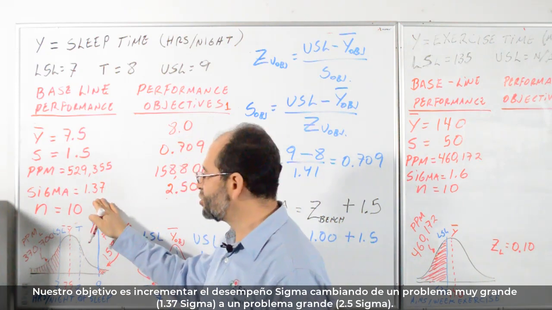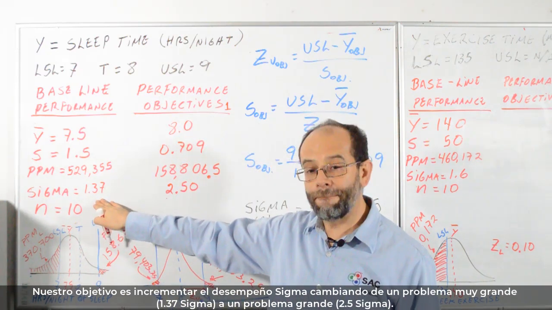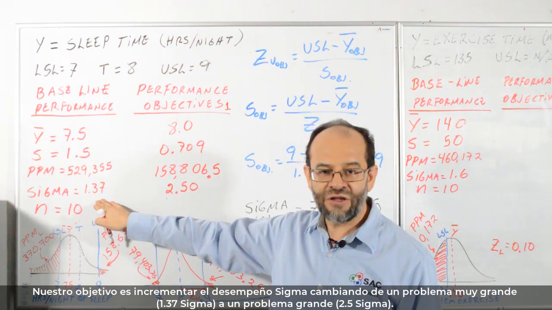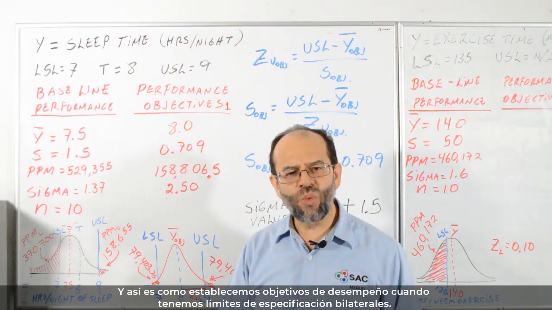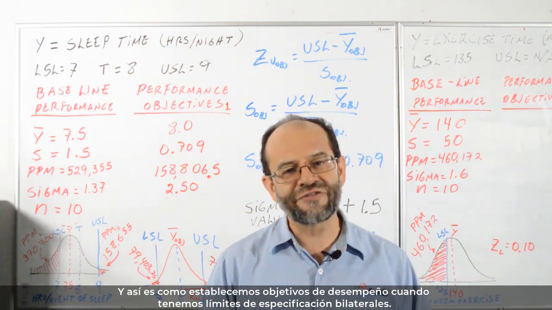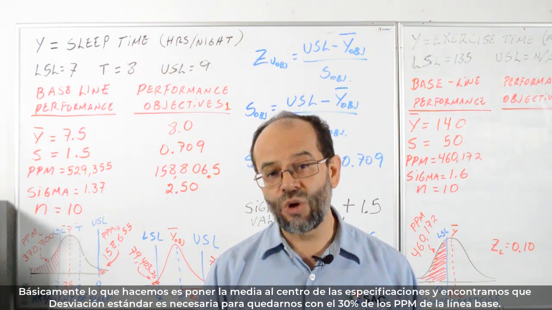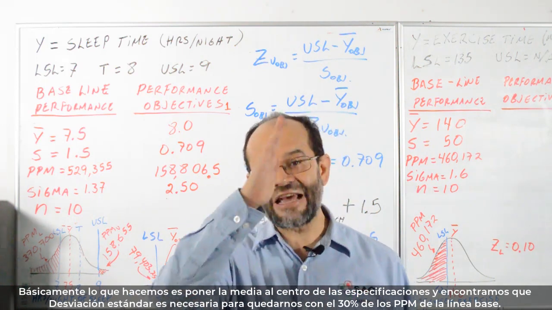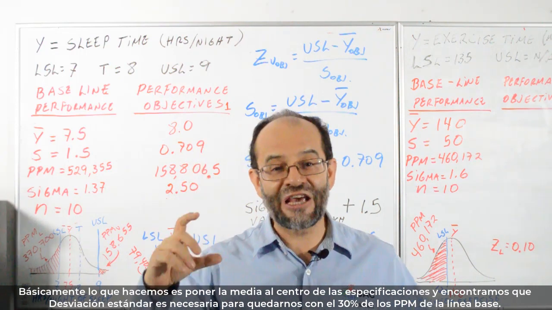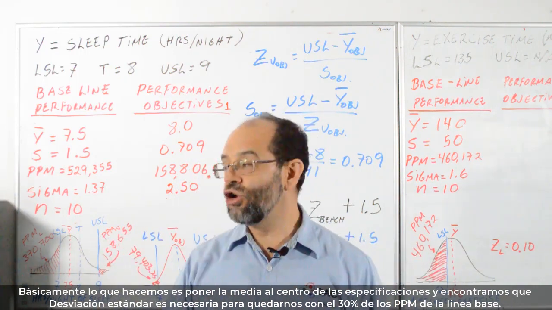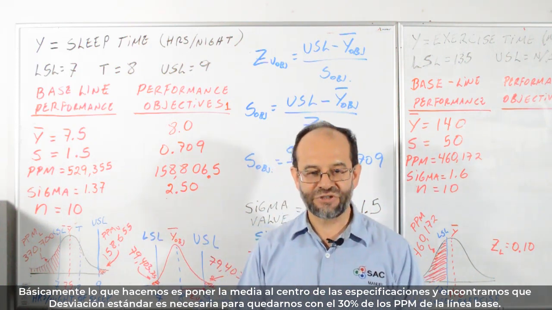Our objective is to increase our sigma performance from a very big problem, 1.37, to a big problem, 2.5 sigma. And that's how we establish performance objectives when we are having two-sided specification limits. Basically what we do is that we set the mean at the center, and we find what standard deviation is necessary in order to get 30% of the baseline ppms.